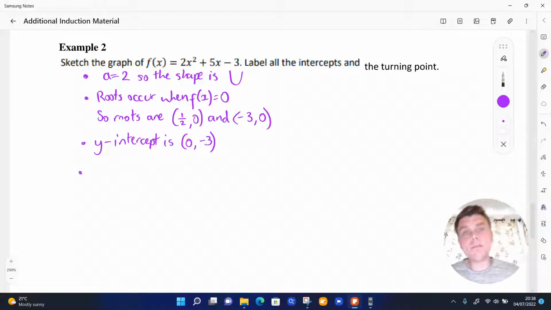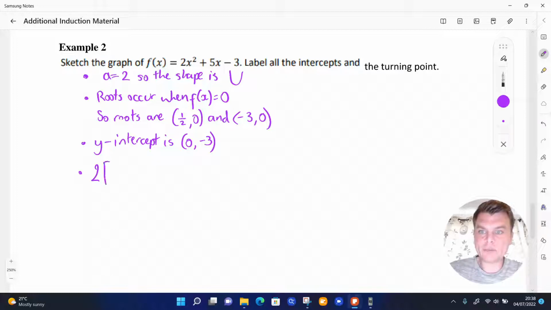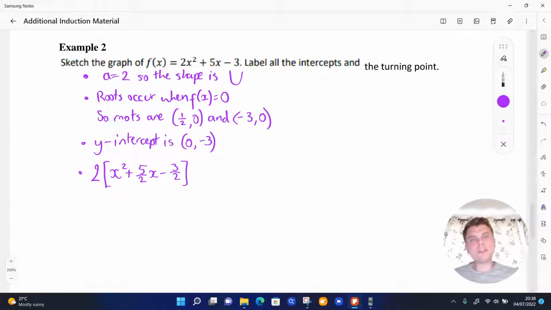Okay, so for the turning point, we are going to need to complete the square. So to complete the square, we are going to take a factor of 2 out, like so. We then complete the square with what we've got inside those square brackets.